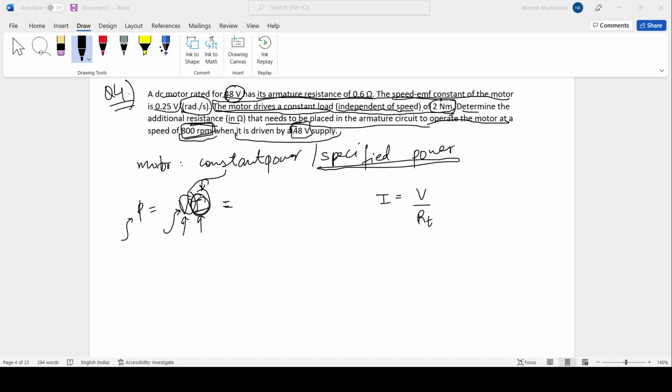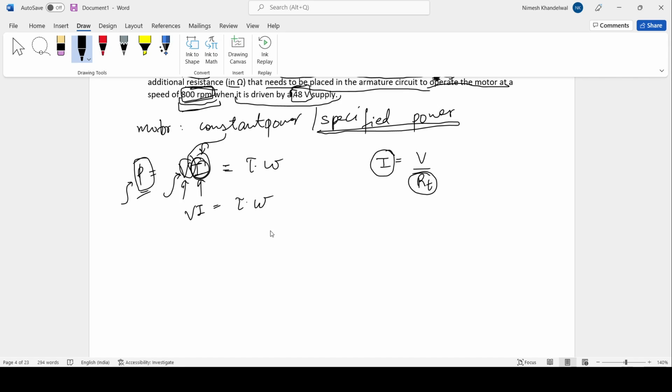So you want to change the total resistance to change the current in the motor such that the net power matches the power you want to output. You want to balance 2 Newton meter torque at 800 rpm. Tau times omega is the power, so you want your VI to be equal to tau omega.